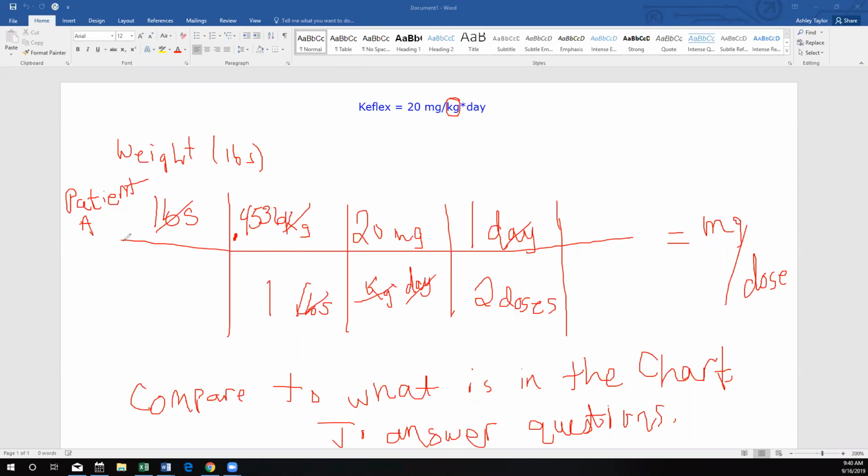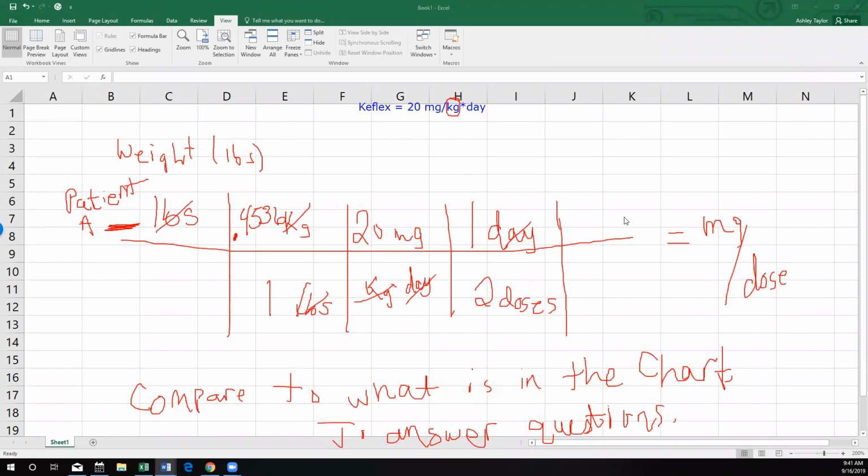So now all I need to do is enter my patient weight here, and I have my calculations in milligrams per dose. So now what I'm going to do is go to Excel. And so I have this information, so now I'm going to enter this into Excel.